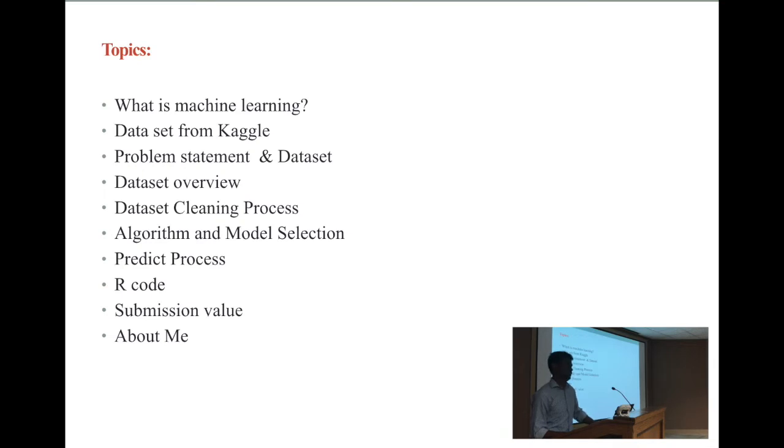From the data sets, how we derive the problems, and how we match the problem with the data set, what they gave in those variables. Then the data set overview: we are going to see what the unique fields are, or what kind of data they have given us for model creation and prediction.